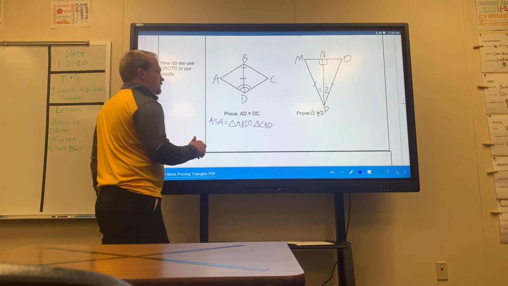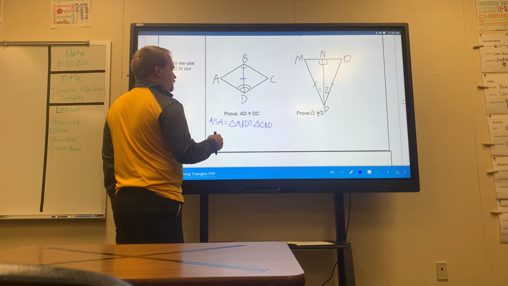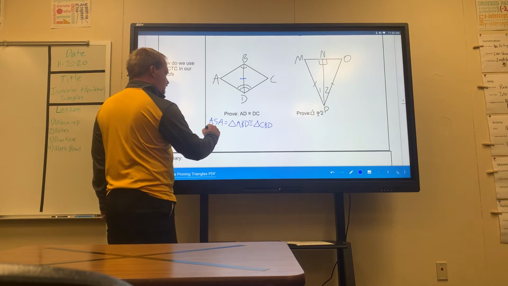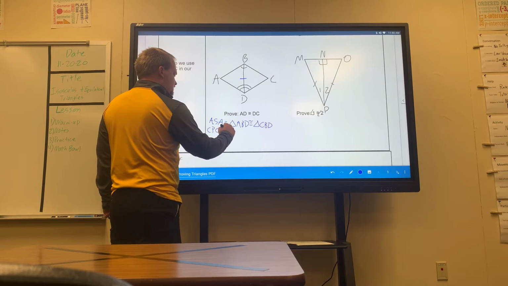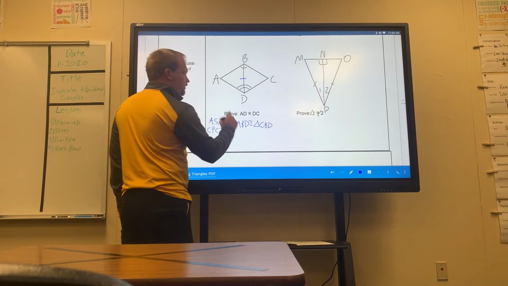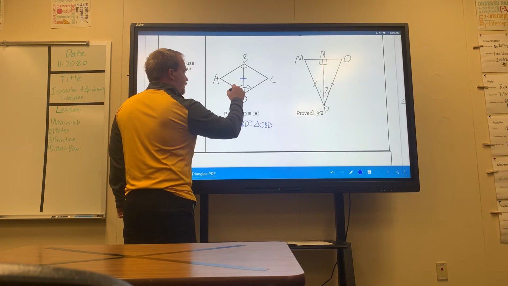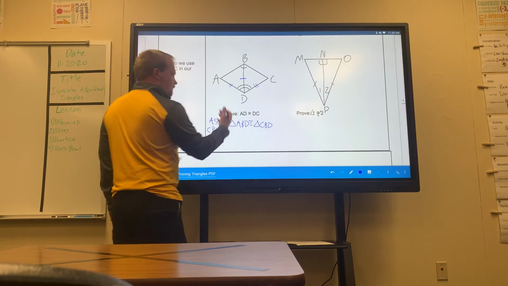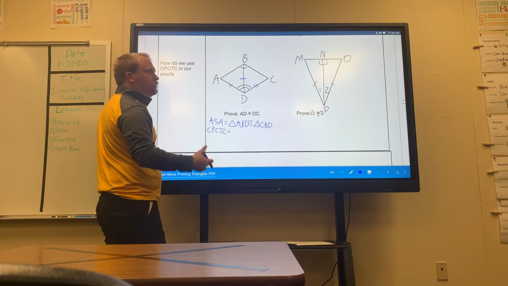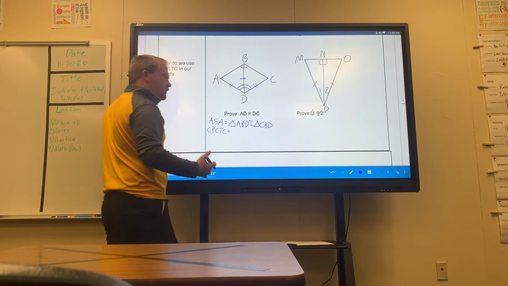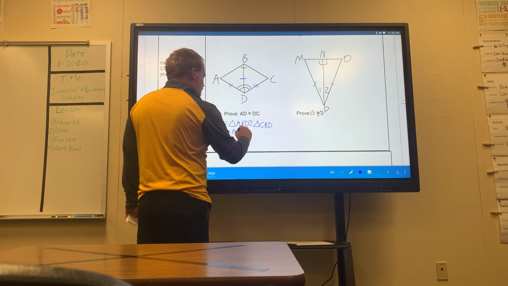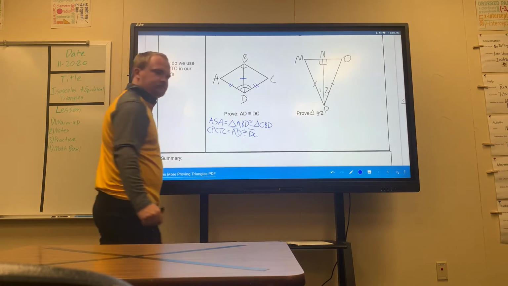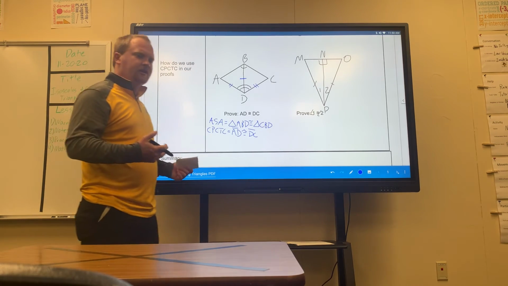Now also, because of that, CPCTC allows me to say that AD right here is congruent to DC. Because I know that the triangles are congruent, I can say other parts are congruent as well. So AD is congruent to DC. That's what allows us to say that.